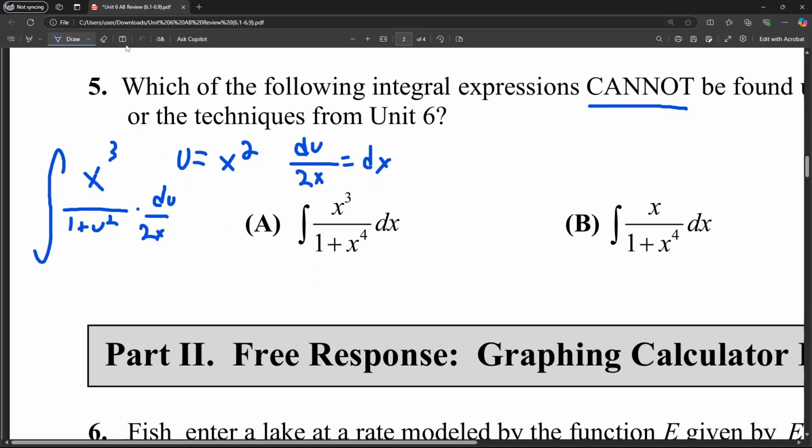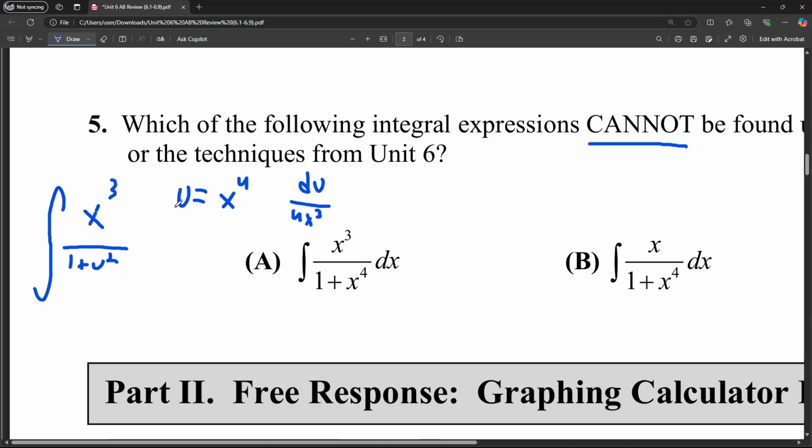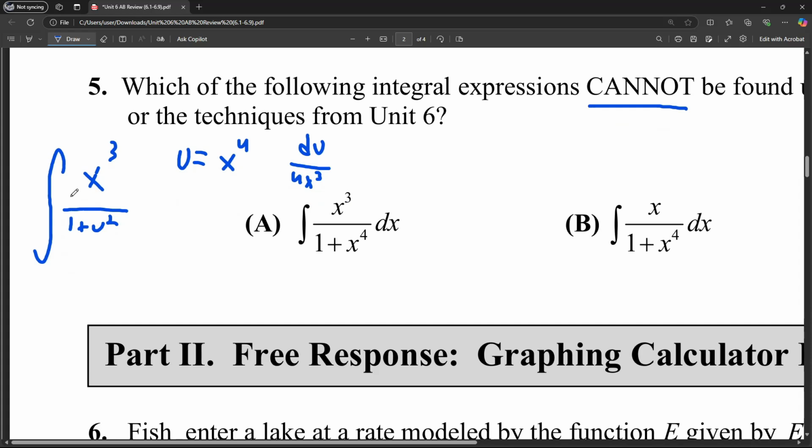Oh, never mind. Should be x to the 4th. Let me see. So let's see if you do x to the 4th. So then du over 4x cubed equals dx. Let's see. Does this work?